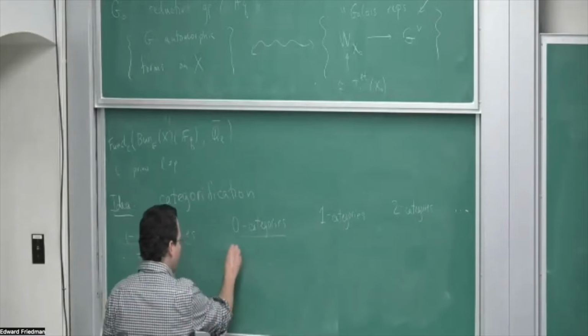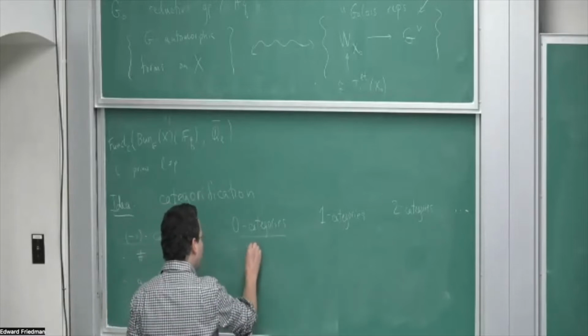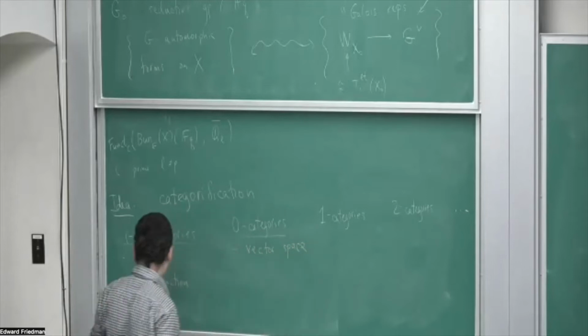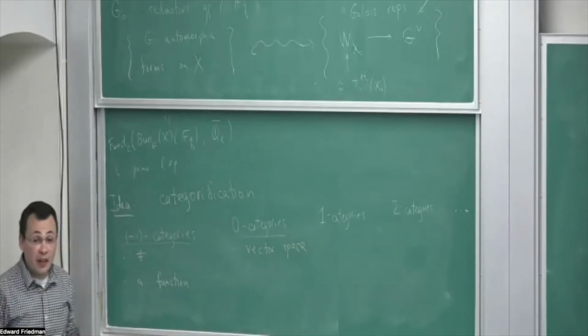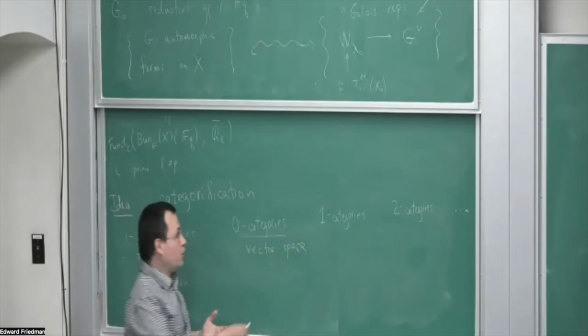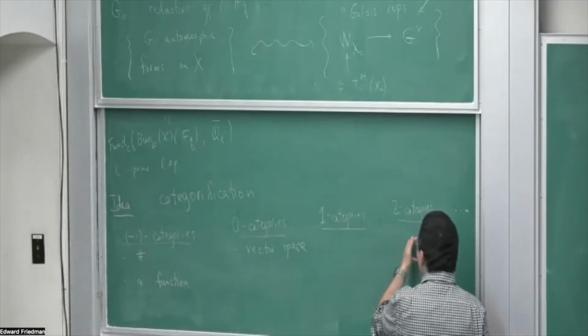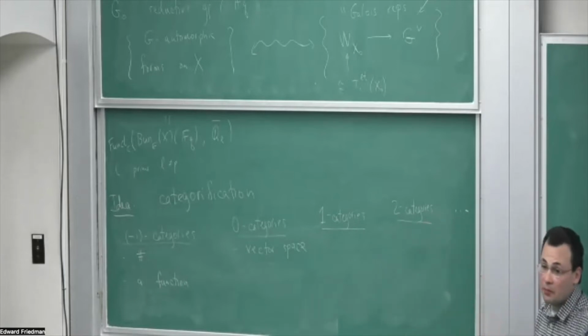So a 0 category is something like a vector space. This is where a function might live, in a vector space of functions, and so on. So similarly, vector spaces form a category, categories form a 2 category, and so on.